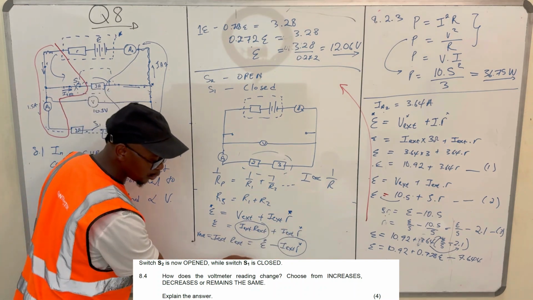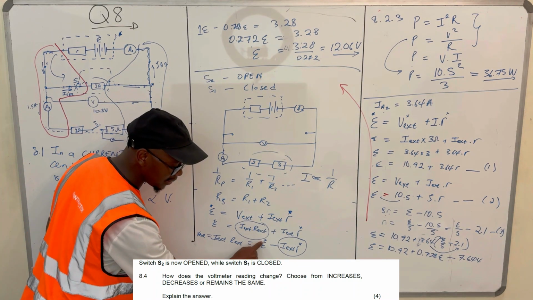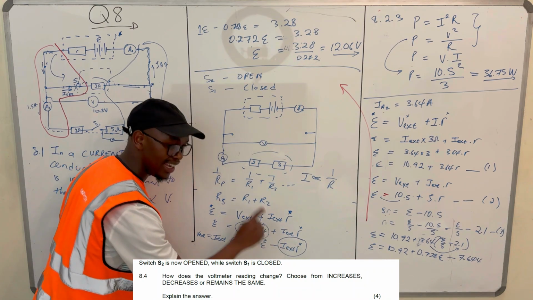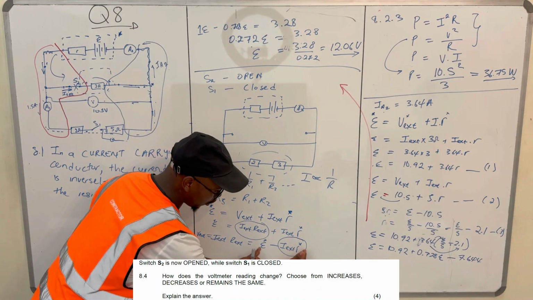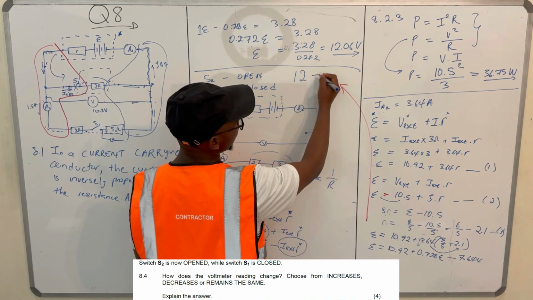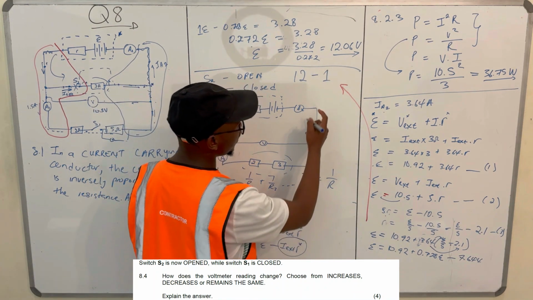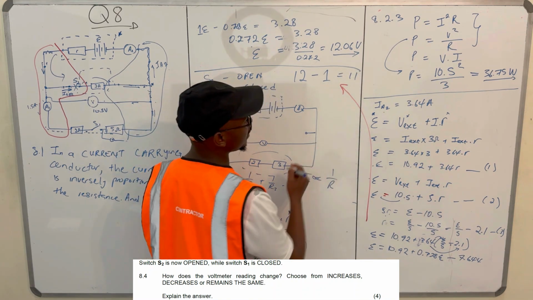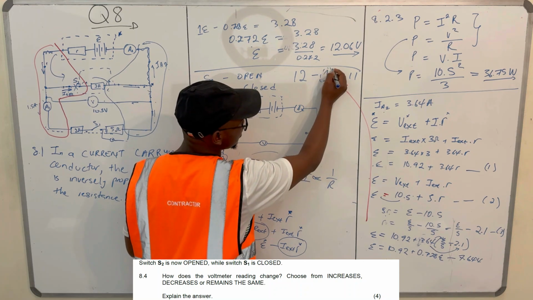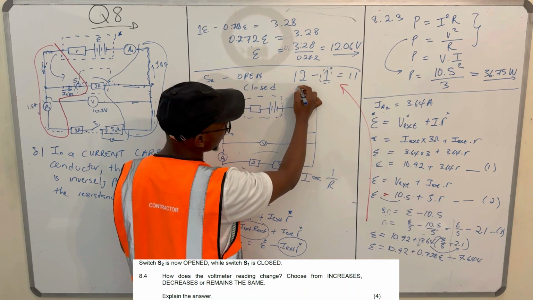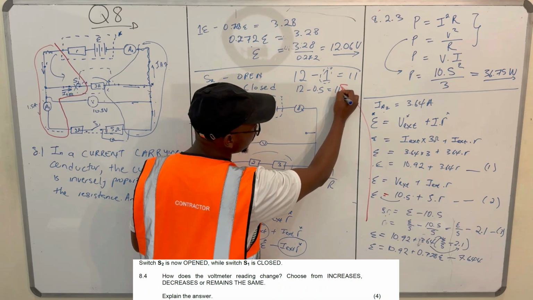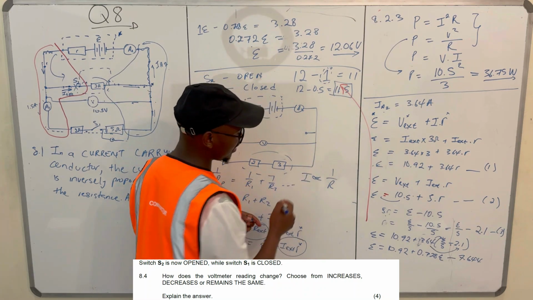So if you look into this equation, if this is supposed to remain constant, and this is supposed to remain constant, and this part decreases, it means that this is growing bigger. So if you look at, say, 12 minus 1, that is going to be 11. But if something is decreasing this, and now we have 12 minus 0.5, this will be 11.5, meaning this side has increased.